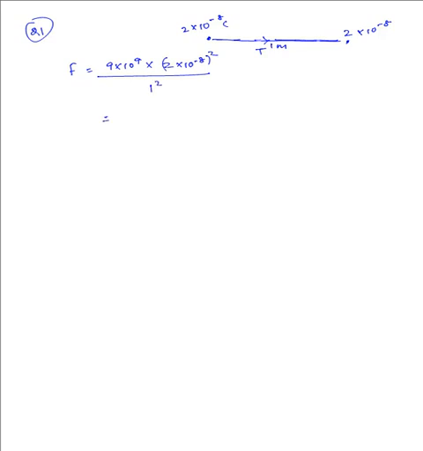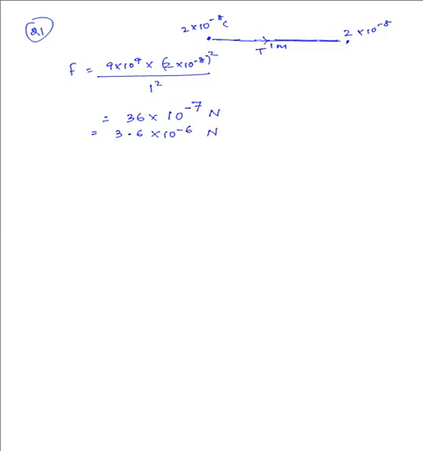So it's very straightforward. 9 times 4 is 36, and that will be 10 raised to the power minus 16, and plus 9 makes 10 raised to the power minus 7 Newton, or we can just take it as 3.6 times 10 raised to the power minus 6 Newton.